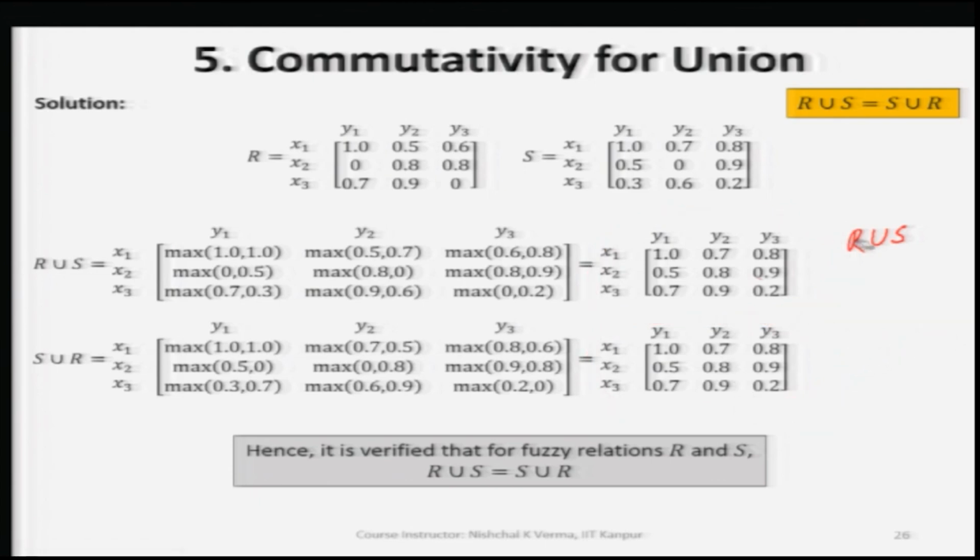This means that we are going to get the same fuzzy set, whether we take the union of R and S or the union of S and R. So, the commutativity property for union is verified and holds good for fuzzy relations R and S.